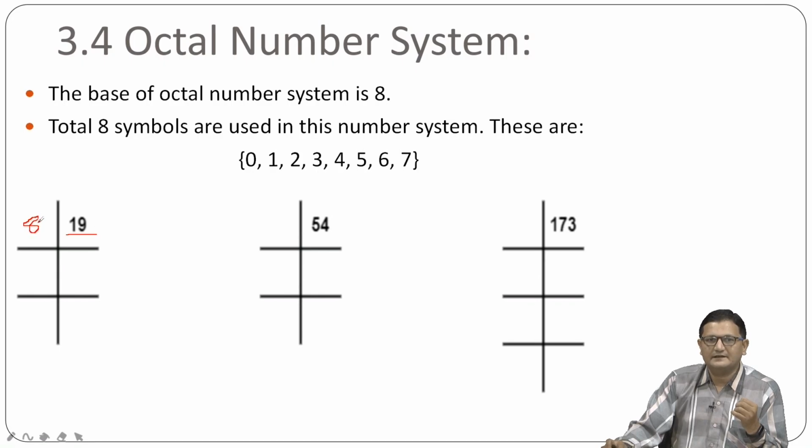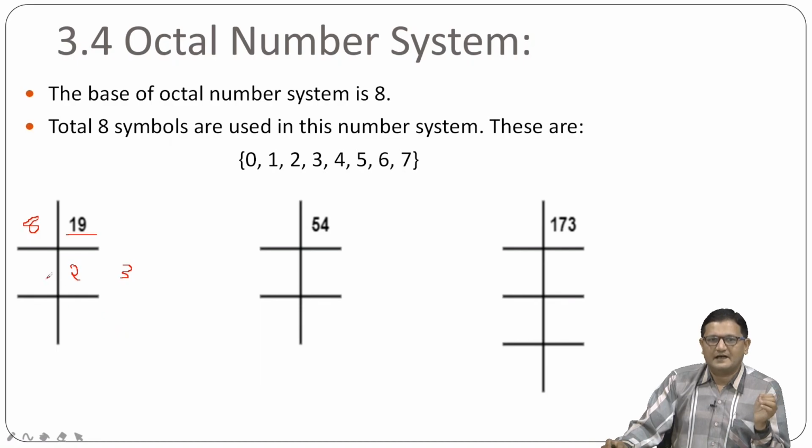We know that 8 twos are 16, so the quotient is 2. 8 threes are 24, but 24 is bigger than 19, so we just consider 8 twos are 16. But the number given is 19, not 16, so what will be the remainder? It will be 3. So you record 3 here.